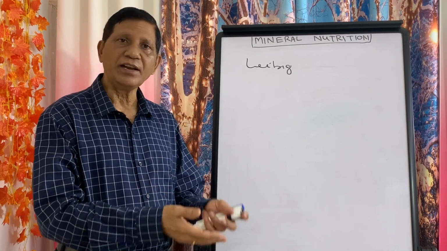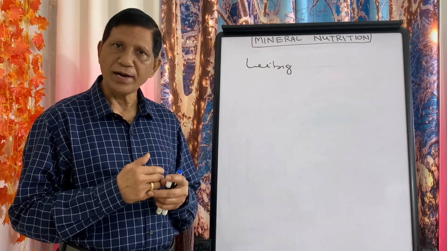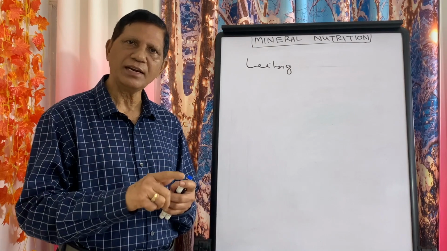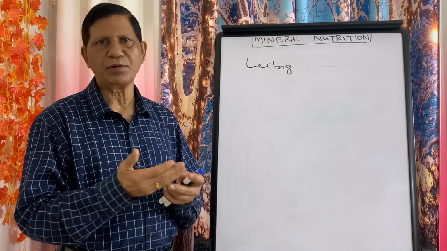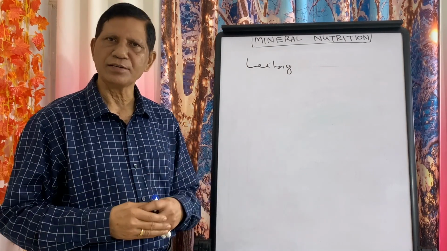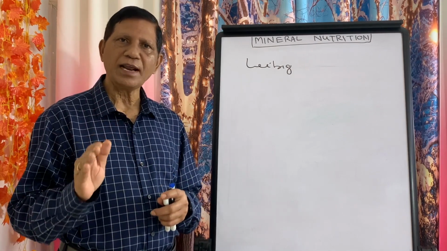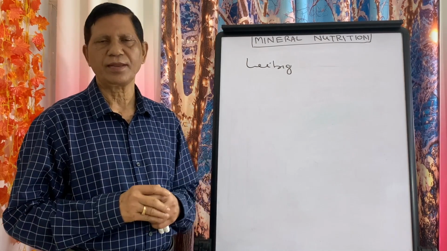But these inorganic substances cannot be synthesized. They have to take it from the soil. While for all saprophytes, the nutrition is both inorganic as well as organic. Because for organic food we depend upon plants, and for these inorganic minerals also we depend upon the plants. So this is the basic difference, but the role of minerals for both plants and animals is almost the same.